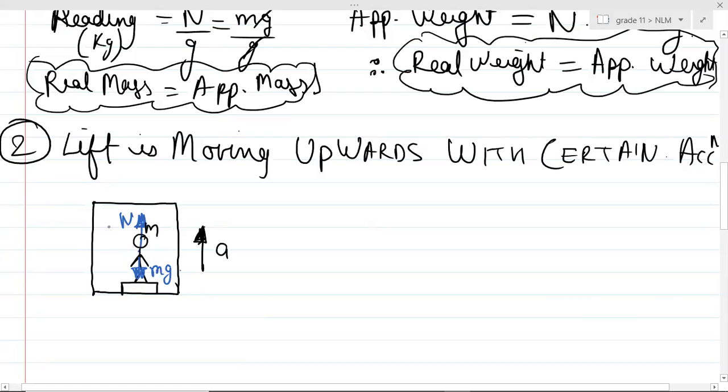So for this man to go with the lift in the upward direction, this N should be bigger than mg, right? So from here, can I write N minus mg is equal to a? Guys, can I write it like this?